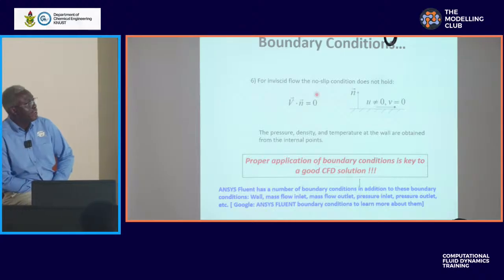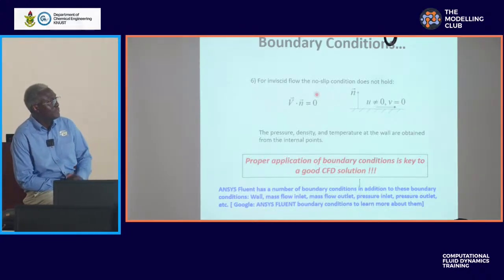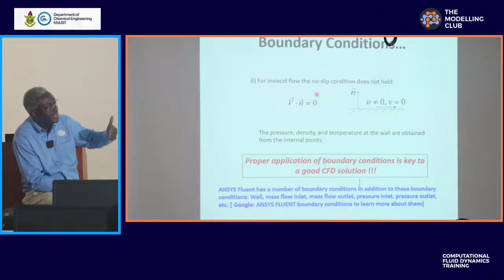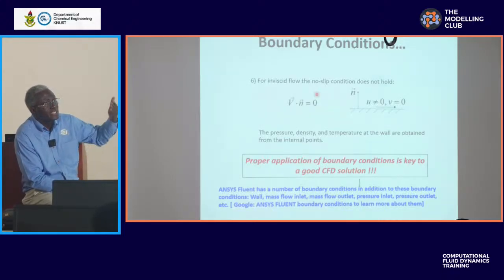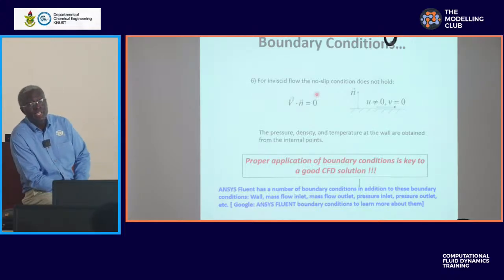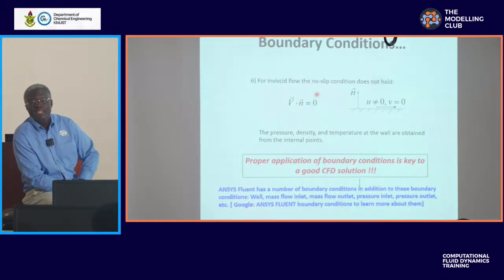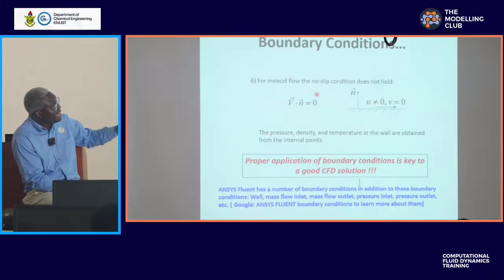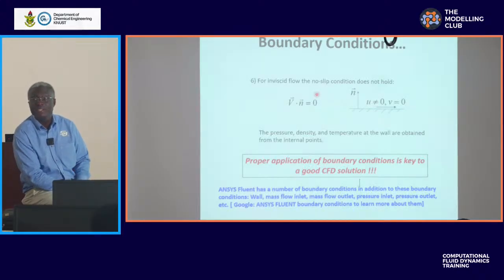Now that we have some understanding of what these conservation equations are that may apply to a given CFD problem and how to basically turn them on or off depending on the need of the solution, the next step of the CFD problem is, okay, we have these conservation equations.